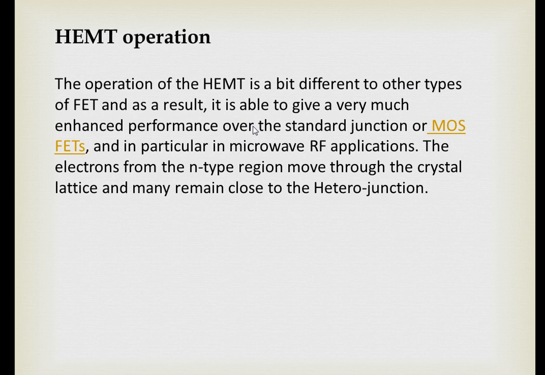So in a normal FET or transistors, we are having the standard junctions. So there the electron mobility is normal, but here we are having the dissimilar junction. Due to that dissimilar junction, the electron mobility is high, and due to this heterojunction format, it is used for the high gain applications.